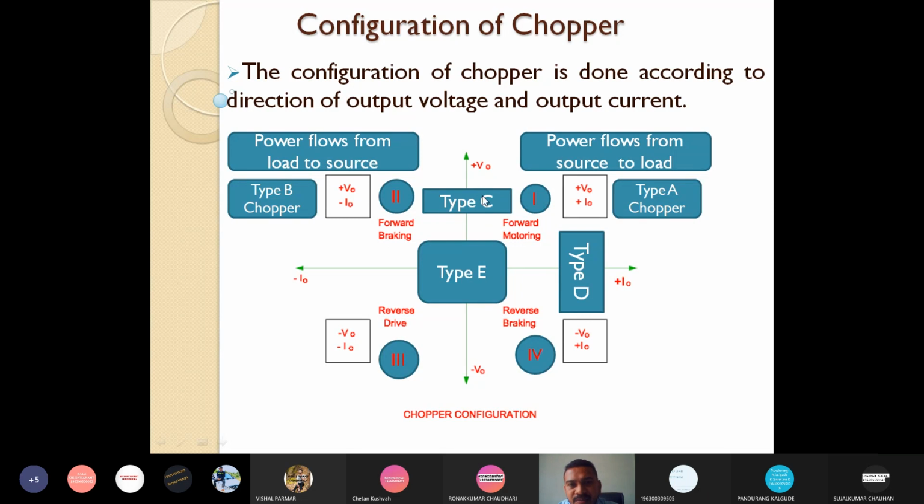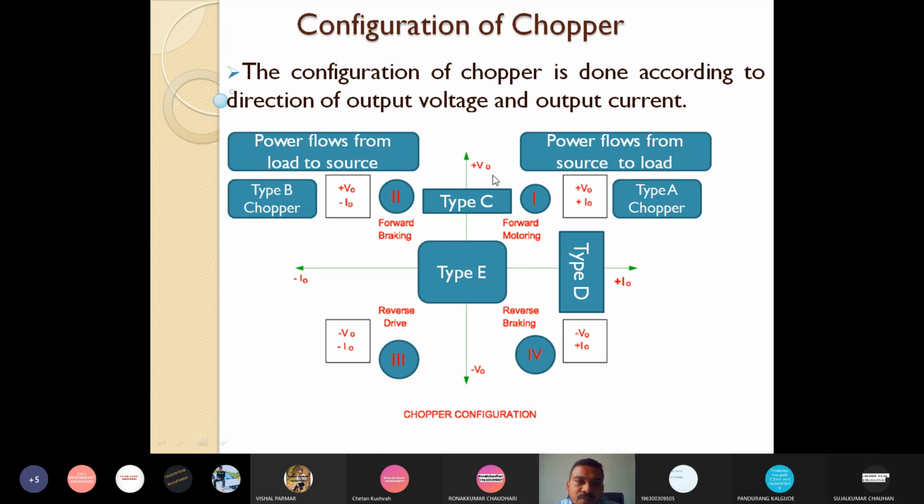In type C chopper the output voltage remains positive, but the output current will vary from negative to positive and positive to negative. That means the direction of output current will change according to the switching operation of the chopper.